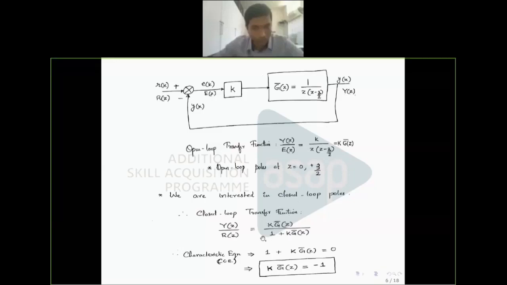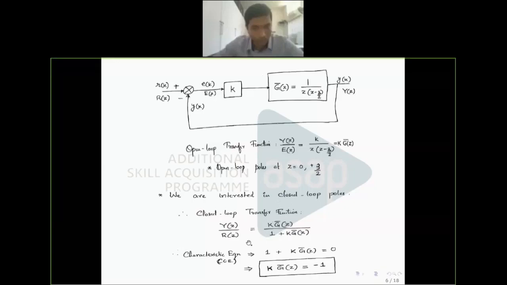So the closed loop poles are solutions of the characteristic equation of the closed loop transfer function. I'll repeat: closed loop poles are the roots of the characteristic equation of the closed loop transfer function.